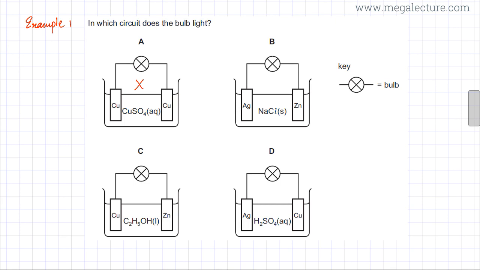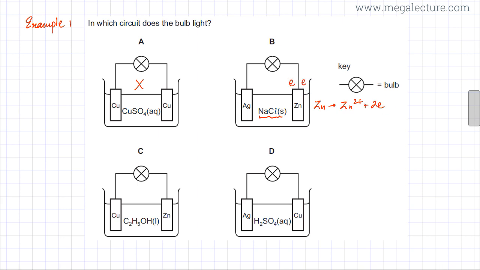If you look at this other cell, you have a silver metal and you have a zinc metal on the other side. Zinc is the more reactive metal, so zinc would lose electrons very easily, and those electrons would eventually flow to the other side. But the problem is that the solution does not contain an electrolyte. It contains solid NaCl.